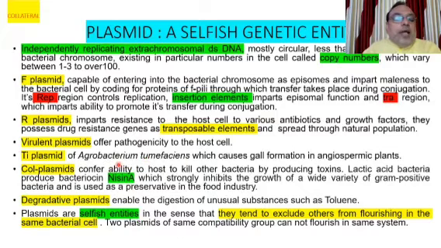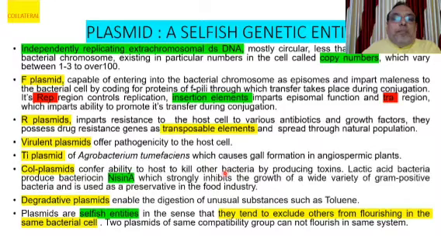Agrobacterium tumefaciens has Ti plasmids which cause gall formation in angiospermic plants. So this is the plant plasmid. Then col plasmids confer on the host the ability to kill other bacteria. These plasmids provide a selective advantage to the bacterium in which they reside.